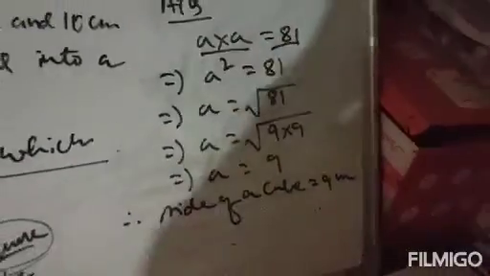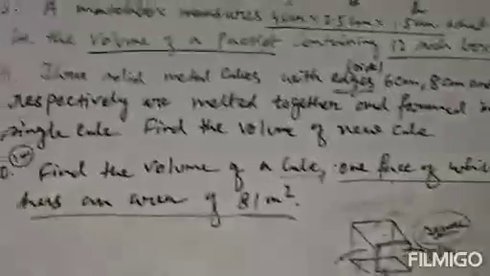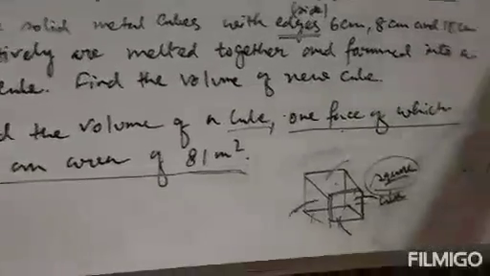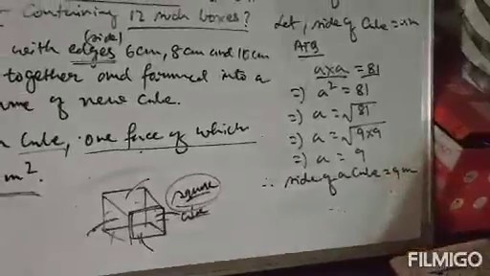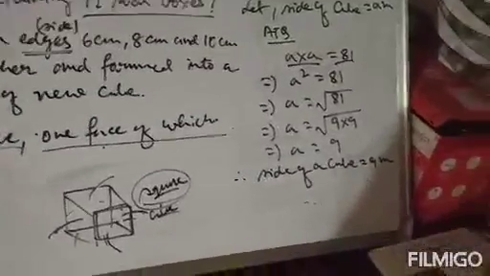Now the question is to find the volume of the cube. We have got the side of the cube as 9 meter. The volume of the cube formula is side into side into side, so we will apply that formula.